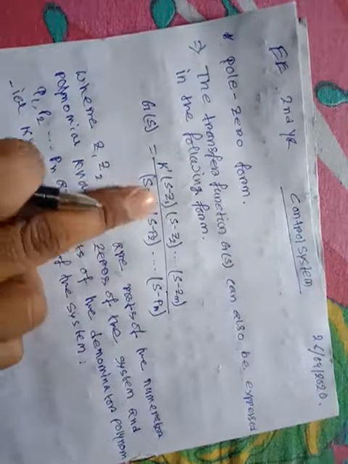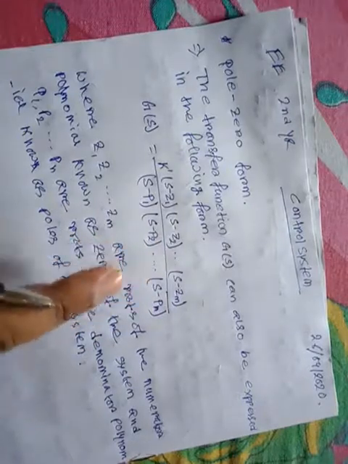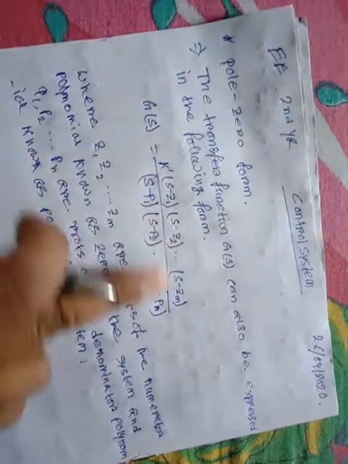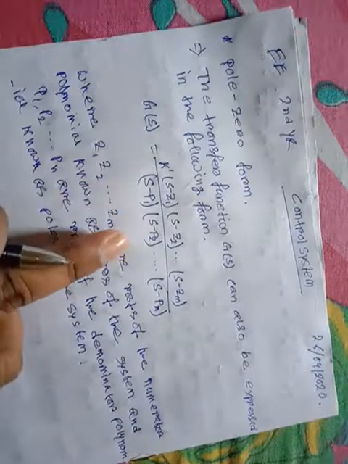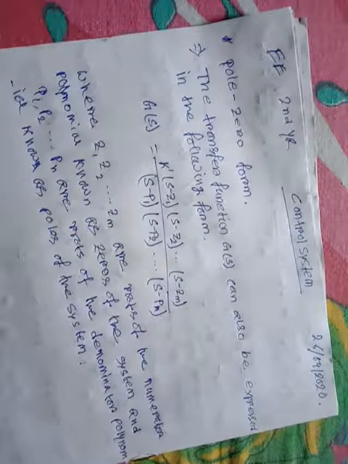Here z1, z2 up to zm, the roots of the numerator polynomial, are known as zeros, and p1, p2 up to pn are known as the poles of the system.